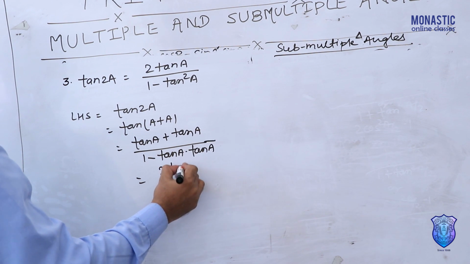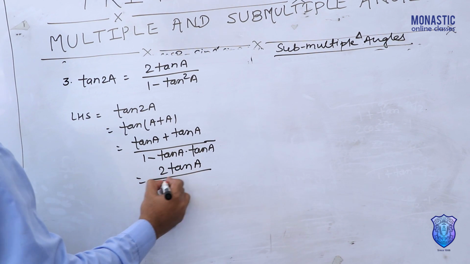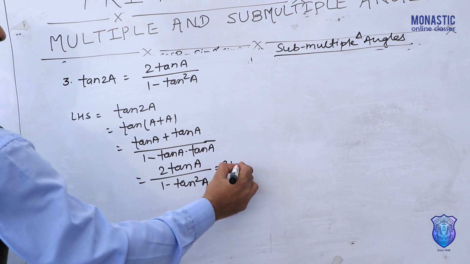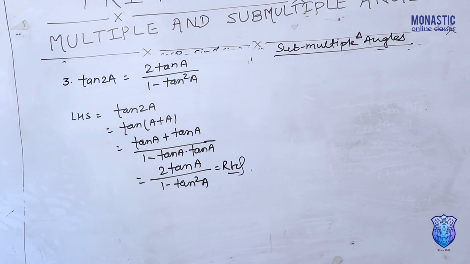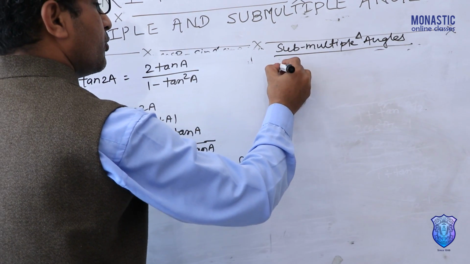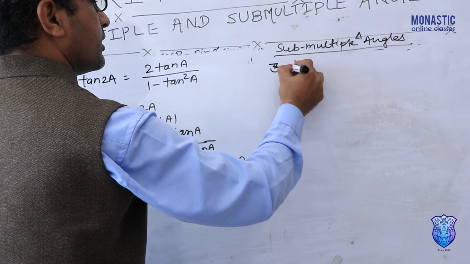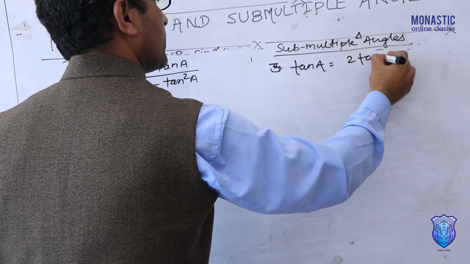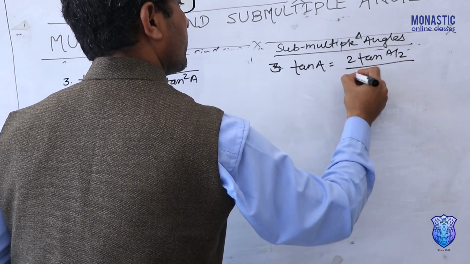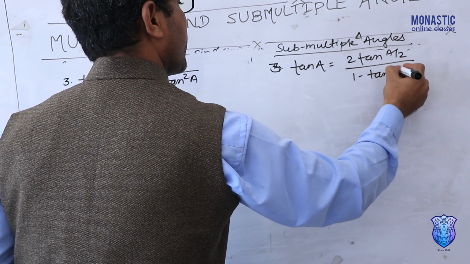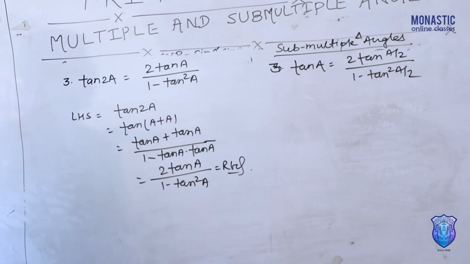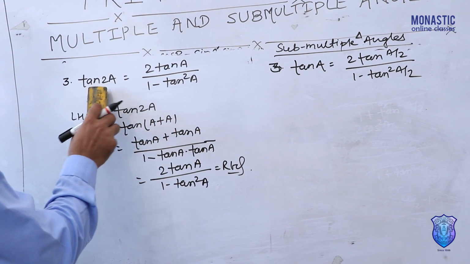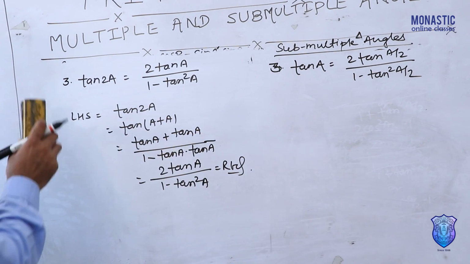After simplification, it comes to 1 minus tan squared a. We have only one formula for tan 2a, and the submultiple formula of this is tan a equals 2 tan a by 2 by (1 minus tan squared a by 2). That's the multiple and submultiple formula, tan 2a formula and tan a formula.